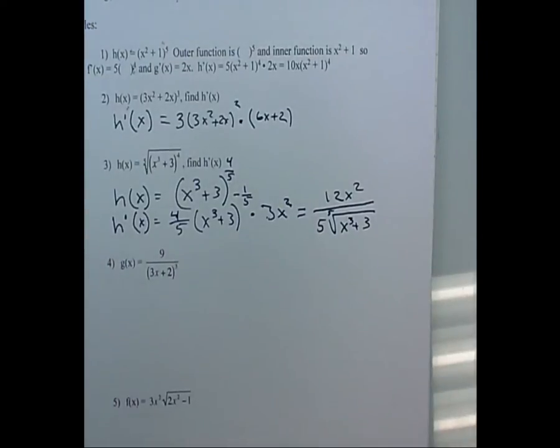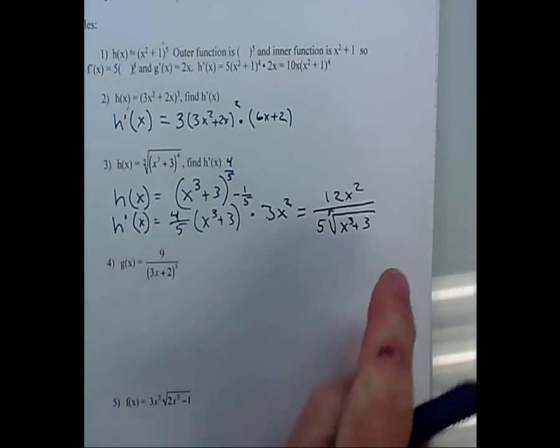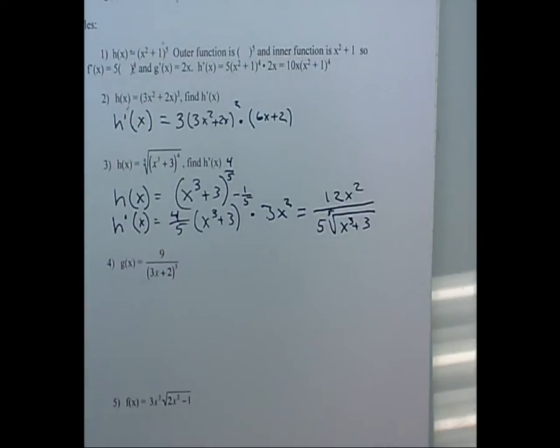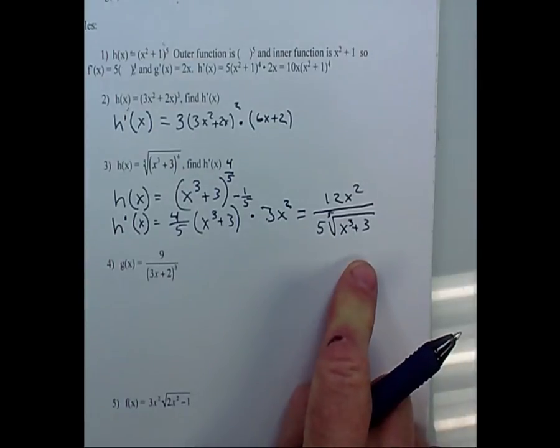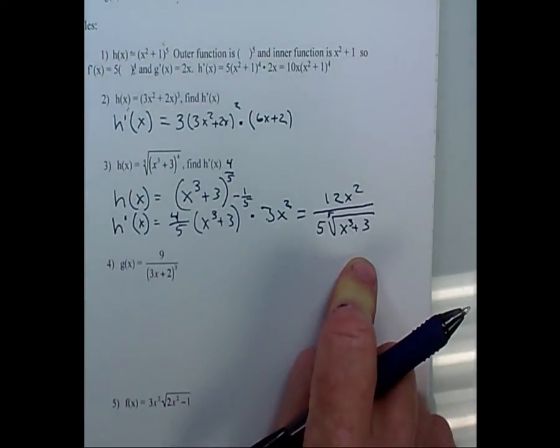Can we just leave it as 4/5 times x cubed plus 3, or do we have to write it out like this? Yes. And that's a great question, okay? And here's the reason why. This is the derivative. Would you agree? The derivative helps us decide where those turning around points are.